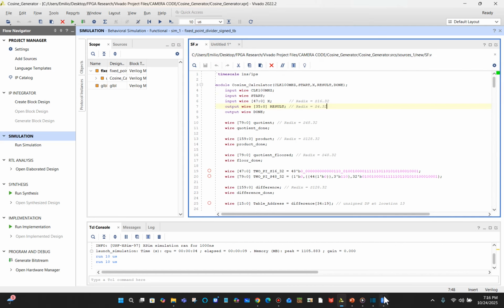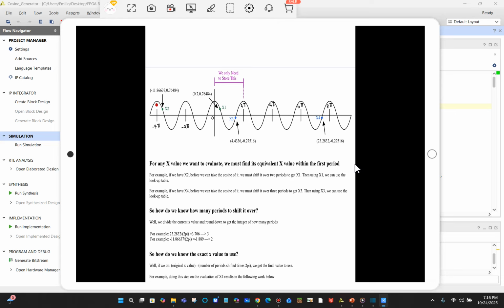So to make the cosine calculator, we need to think about how the cosine function works. It's this huge oscillating thing, and let's say we want point x3 and x1. Well, what we can do is store this entire period. So whenever the x value is x1, the circuit will just look up in memory what the answer is and tell you.